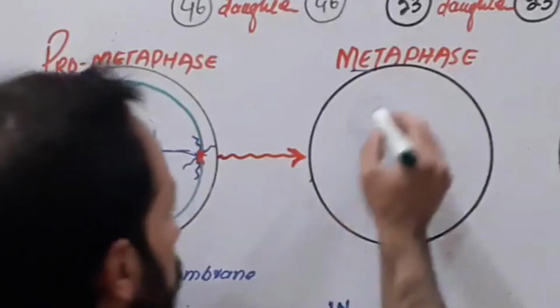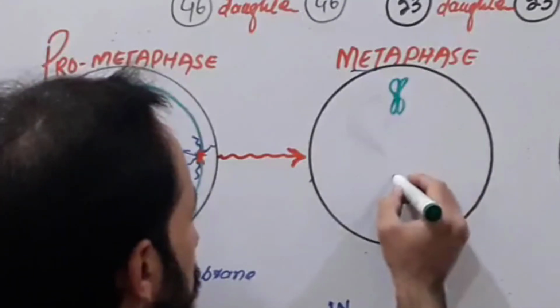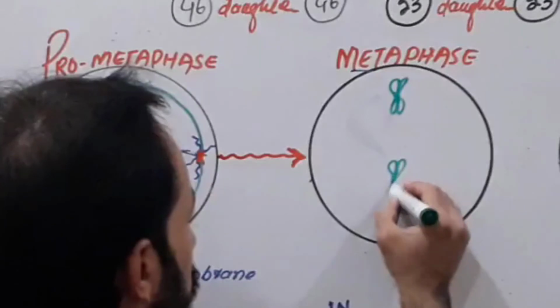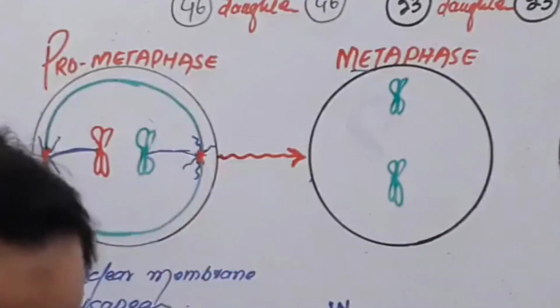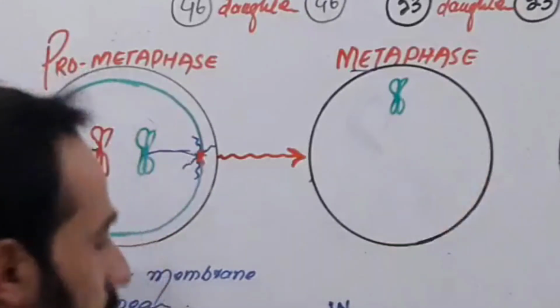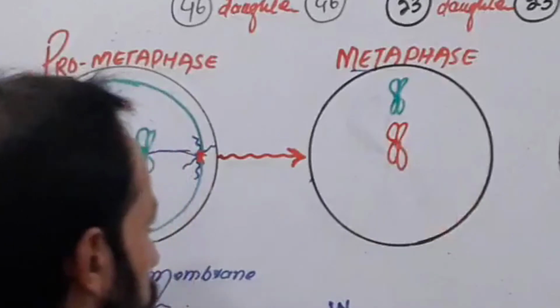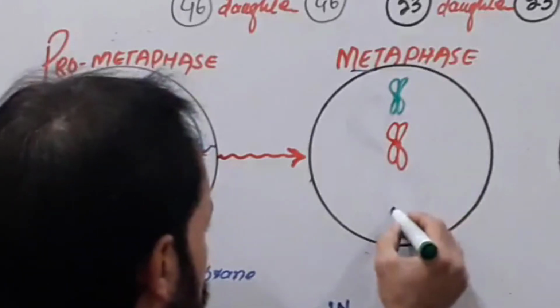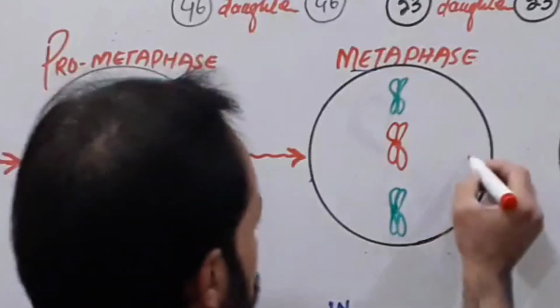All the chromosomes which are present in the cell arrange themselves in the center of the cell, and what will happen to them we will see. Like this.